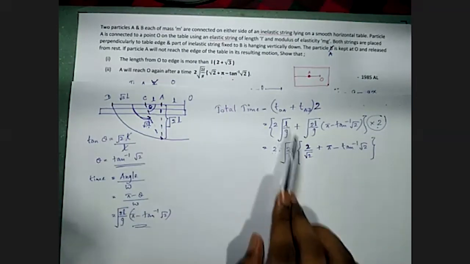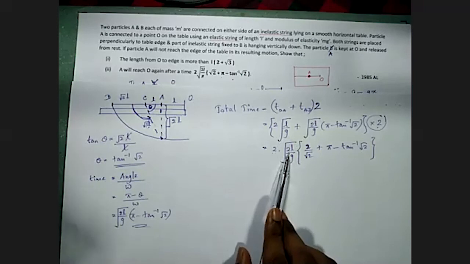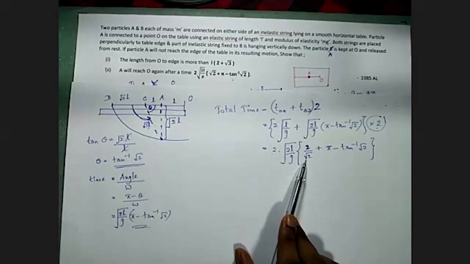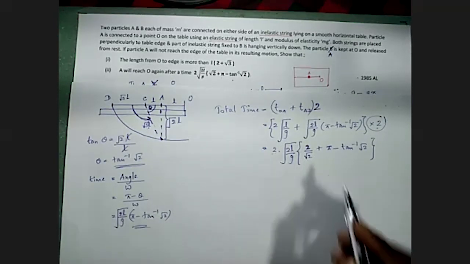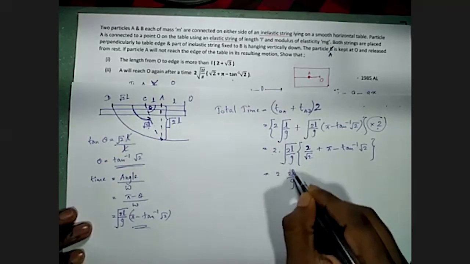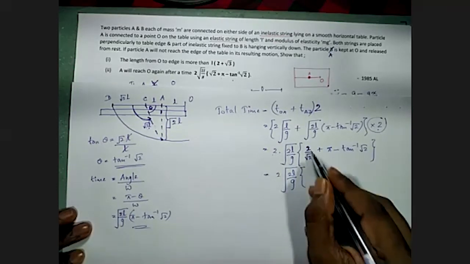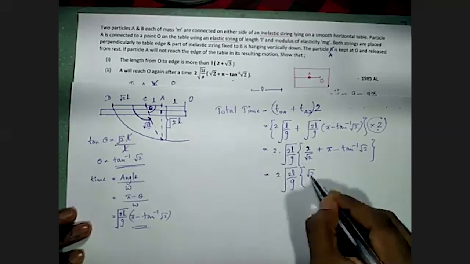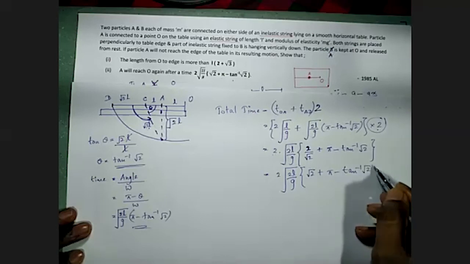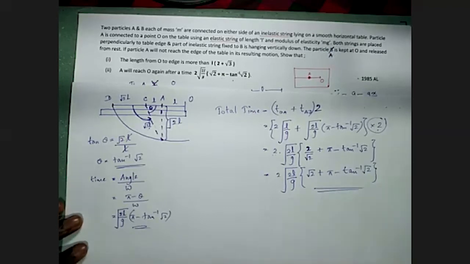And to cancel this square root 2, which I took by force, which was not there in this term, I wrote it in denominator. Now I can cancel these 2 and get my answer. 2 divided by root 2 is root 2. This is the total time.